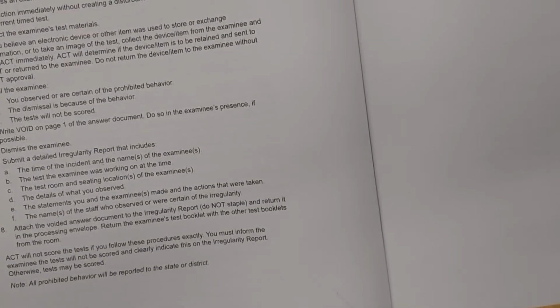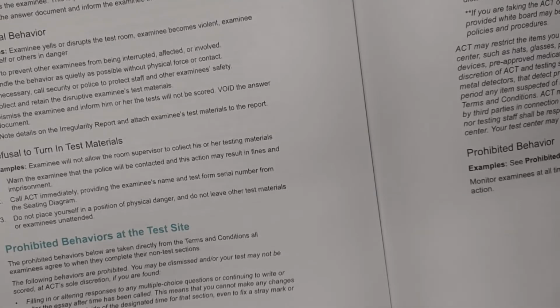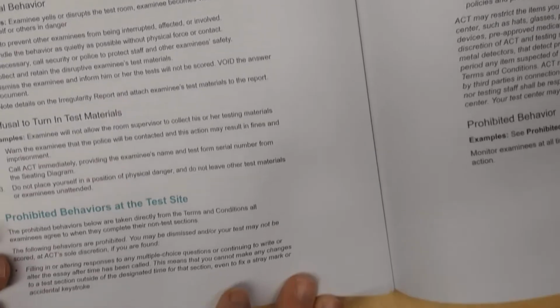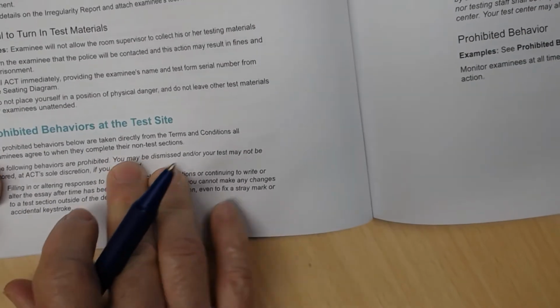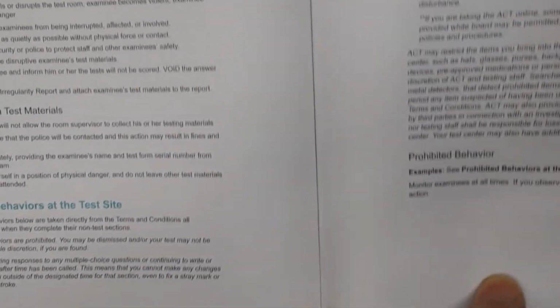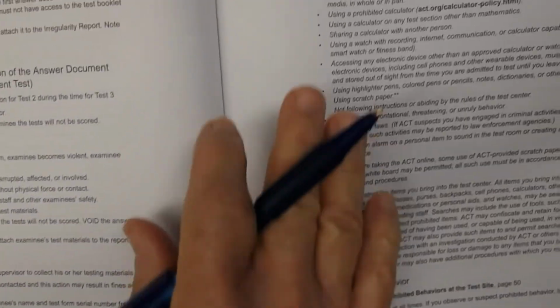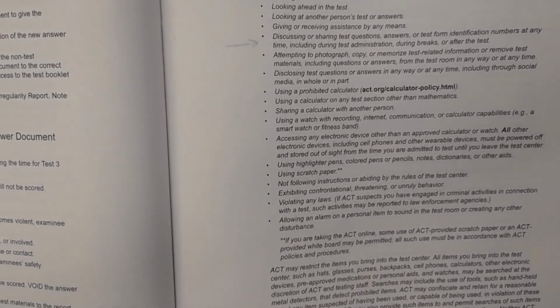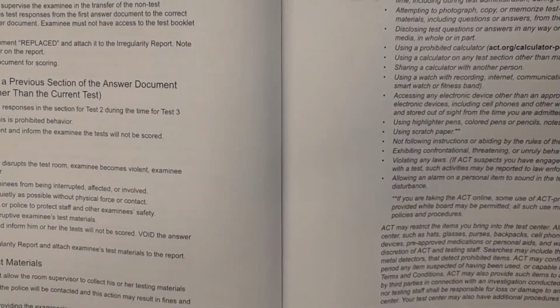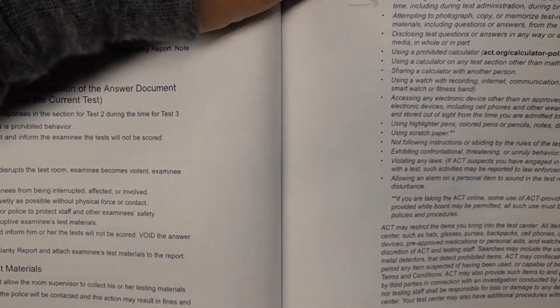Okay, now let's talk about this. Okay, so we had just talked about prohibited behavior. So remember, for all these prohibited behaviors, the student should be dismissed, and you were told the procedure to do that.